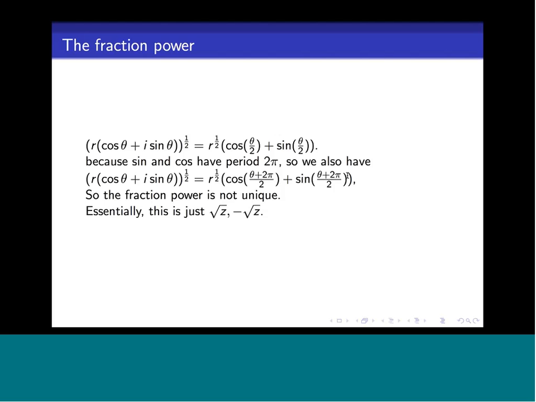Which number has square 4? You can say 2, negative 2. But then they tell you 2 is the arithmetic root. So if you learn square root of 4, we always mean the arithmetic root.